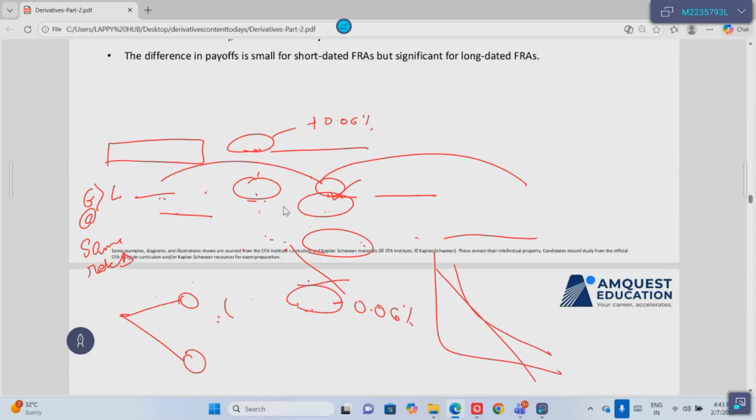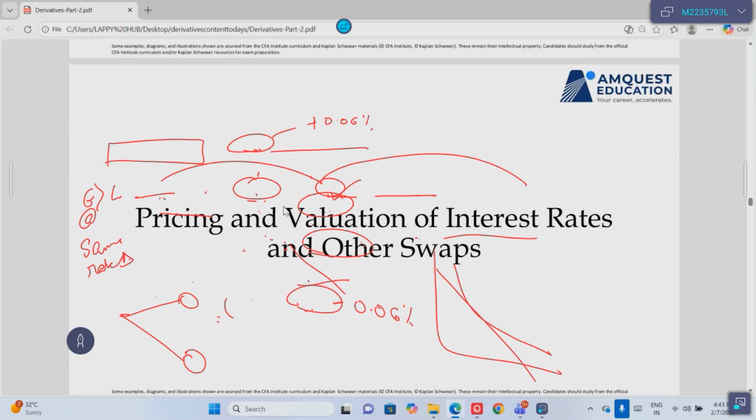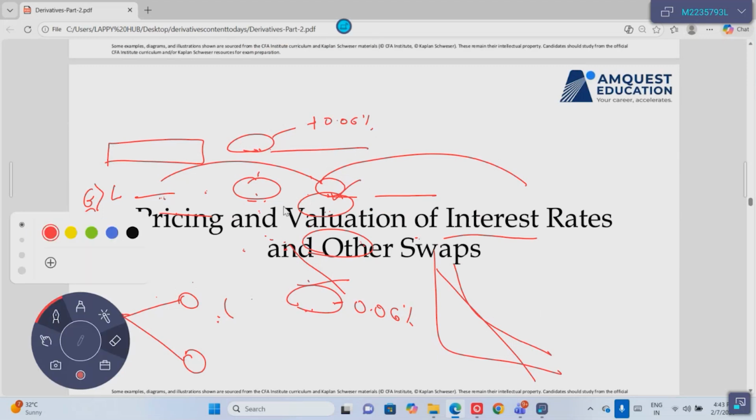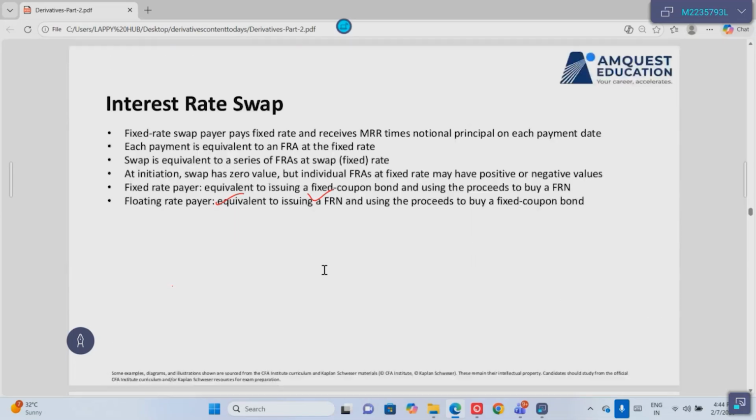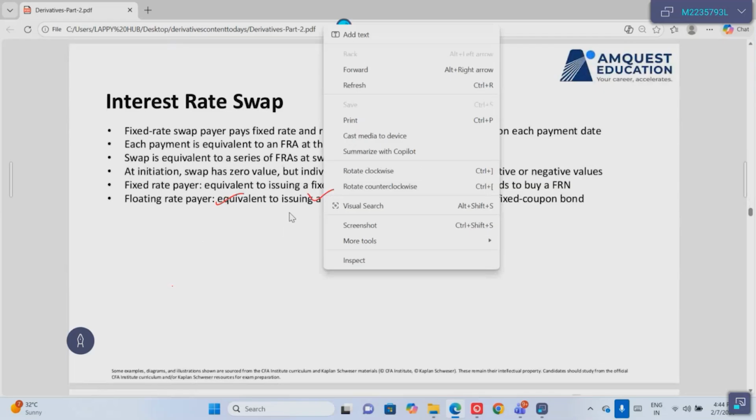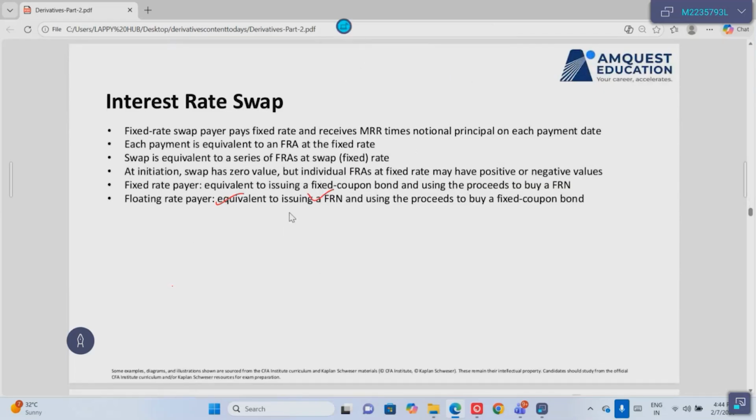Now let's go on to the concept of valuation. Because what we're doing so far is trying to value the items, we price and value. Now we'll go to this concept for other instruments like interest rate swaps. So what's an interest rate swap? We discussed the forward rate agreement, FRA.